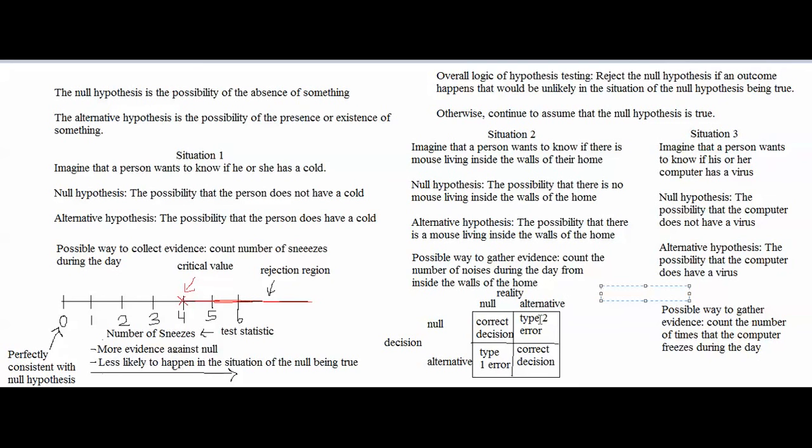The good news is that if studies, meaning data collection, is done properly, then these two errors happen much less often, and the correct decisions happen much more often. So over time, more studies will lead to correct decisions, and fewer studies will lead to the type 1 and type 2 errors. But that's only if, like I said, studies are done properly.